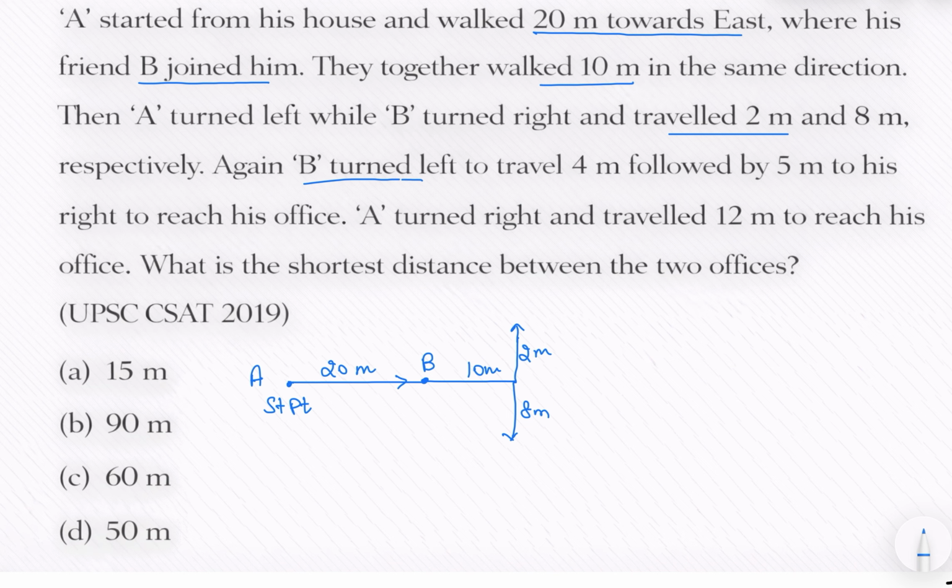Again B turns left and travels 4 meters, followed by 5 meter to his right to reach his office. So first he will turn and go 4 meters, then again he turns and walks 5 meters to reach his office. Here we have the office of B.